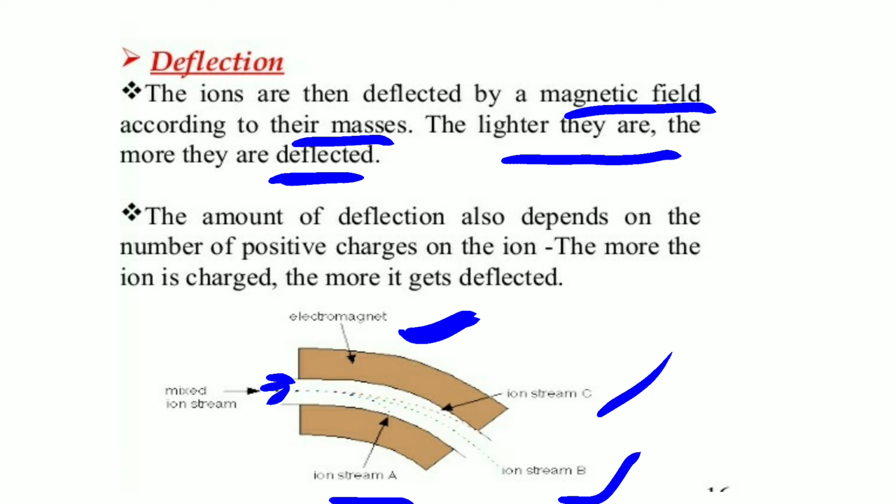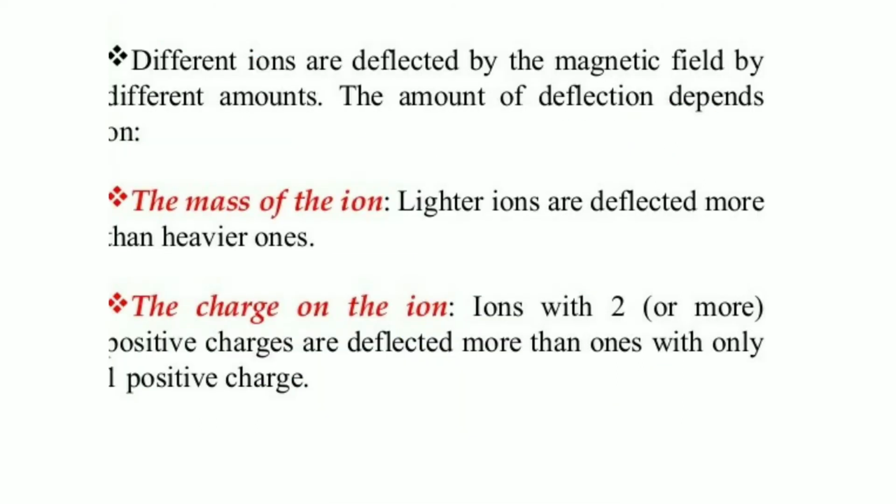The amount of deflection also depends on the number of positive charges on the ion. The more the ion is charged, the more it gets deflected. Why? Because the more positive charge on the ion, and the smaller its mass, the more it gets deflected. So it depends on the mass and also on the number of positive charges.